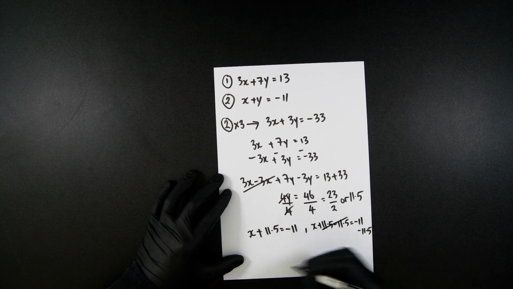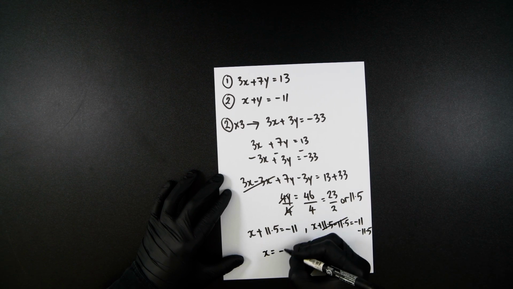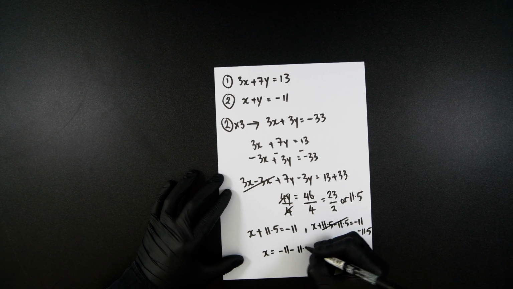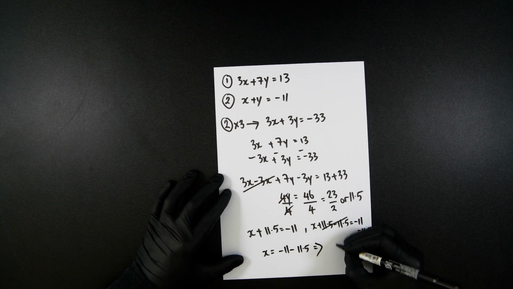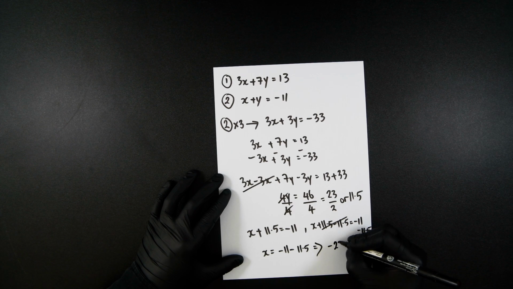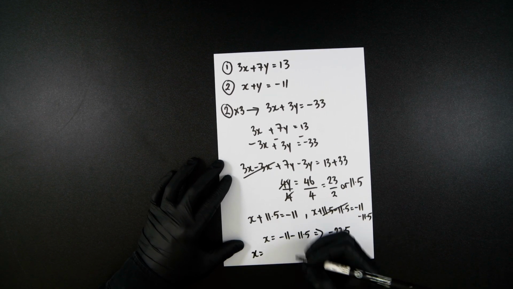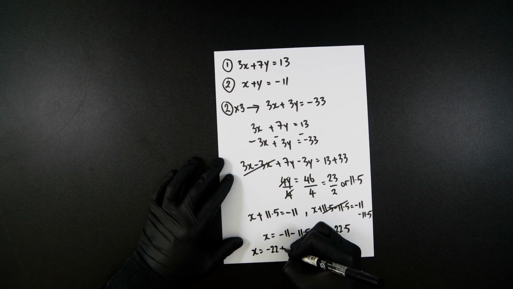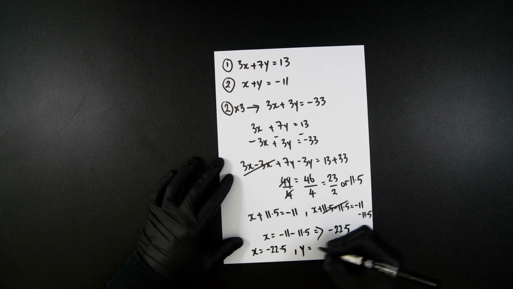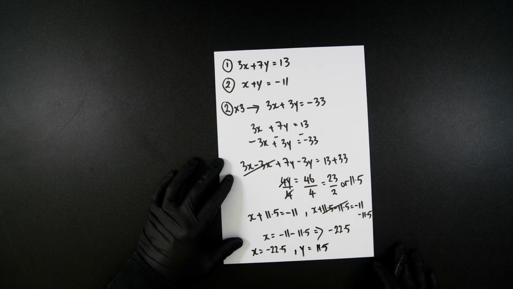This disappears, and we'll now have x equals minus 11 minus 11.5, which is the same as minus 22.5. So now x equals minus 22.5 and y equals 11.5.